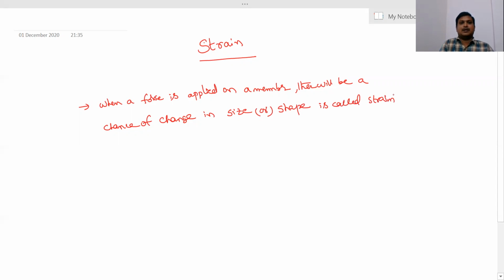Is it okay? So when a force is applied on a member, there will be a chance of change in size or shape, called strain.